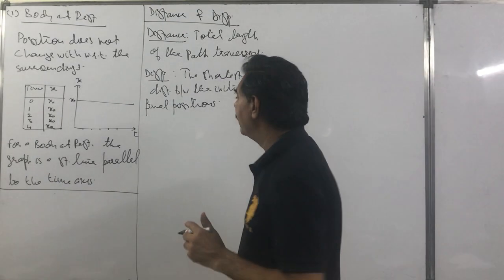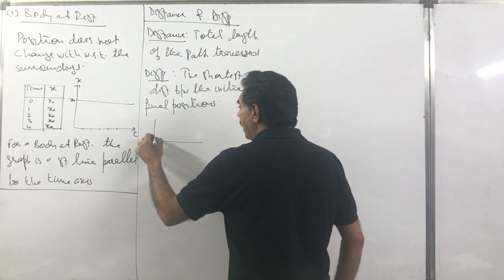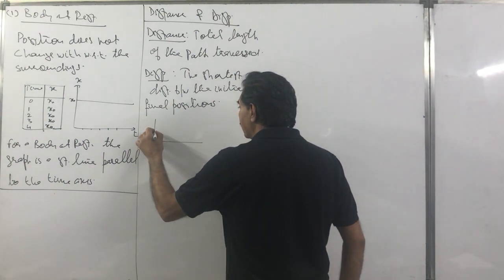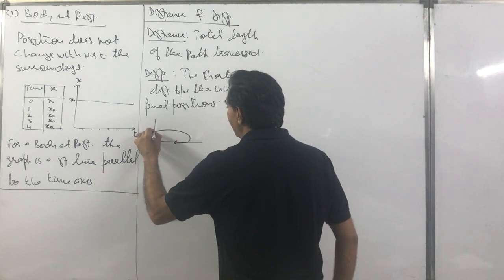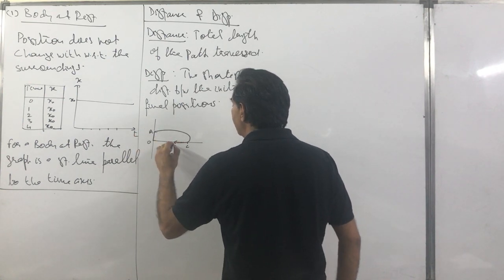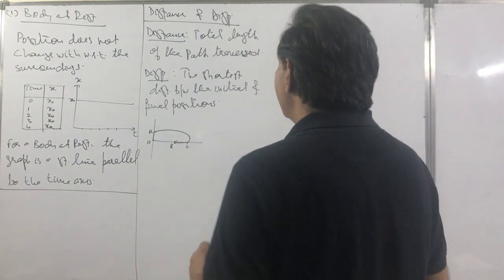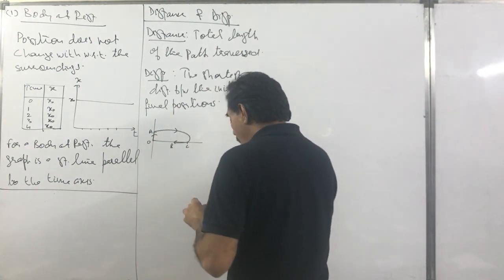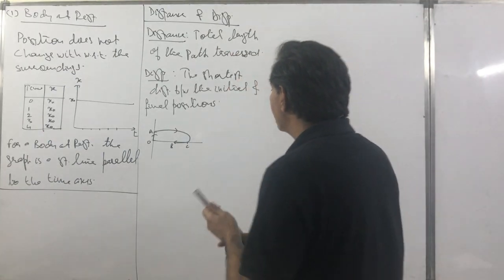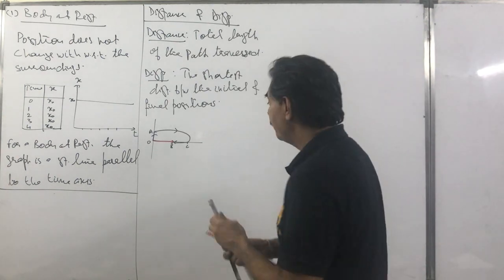I will give you an example. Let's say this is the origin, and the particle goes like this, like this, like this, and reaches here along the path O, A, C, B. The total length of the path traveled is O, A, C, B, whereas the displacement is going to be O, B. Right?